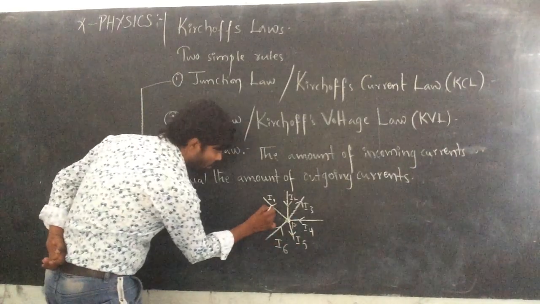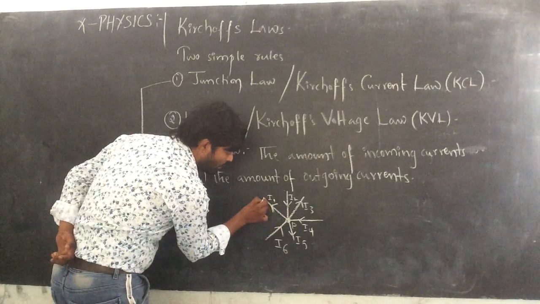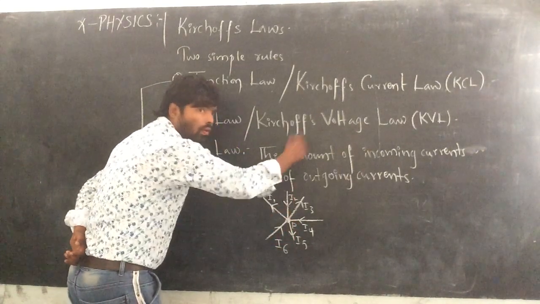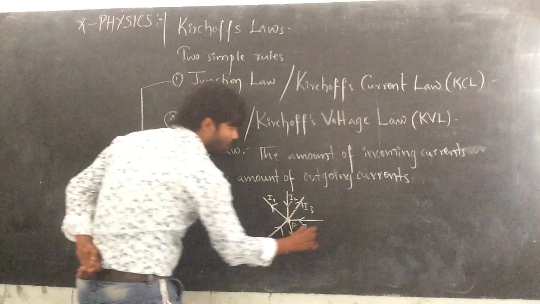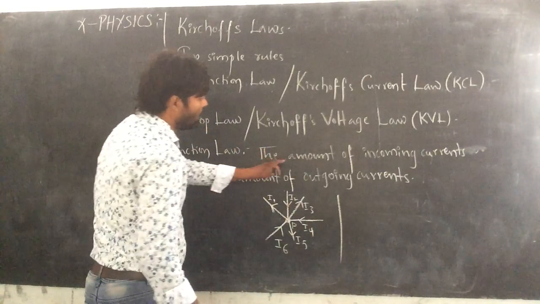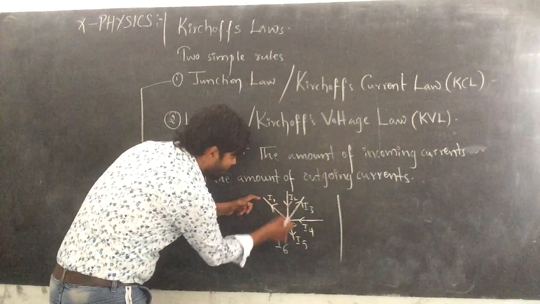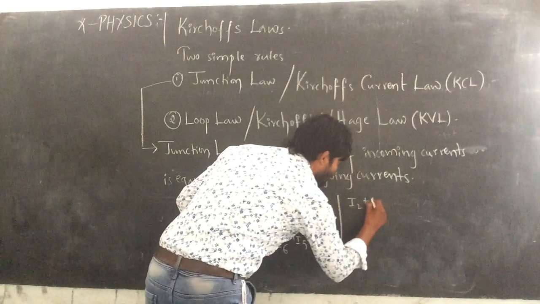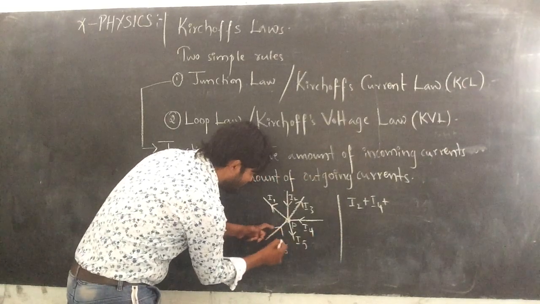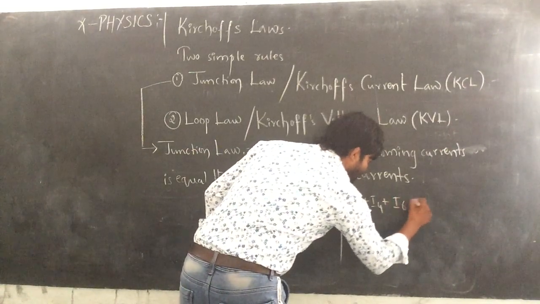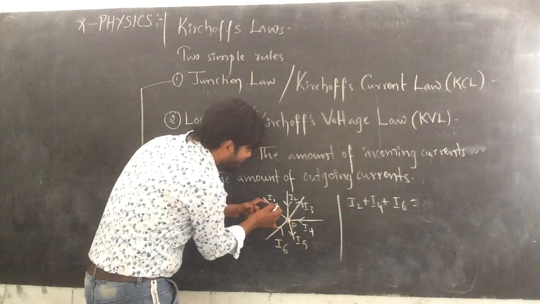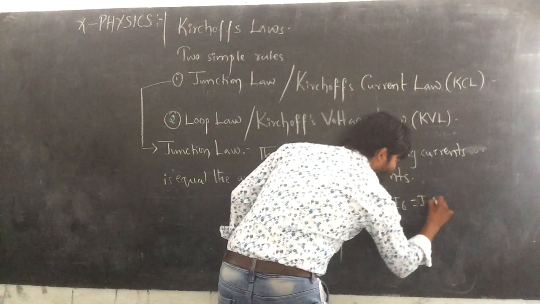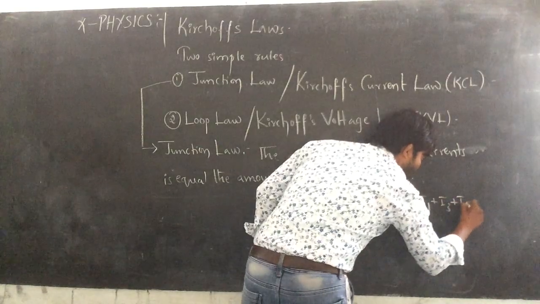If you observe the arrow marks, a few are towards the point P and a few are out of this point P. According to the definition, the incoming currents, those coming towards P, are I2 plus I4 plus I6. The ones going out are I1 plus I3 plus I5.